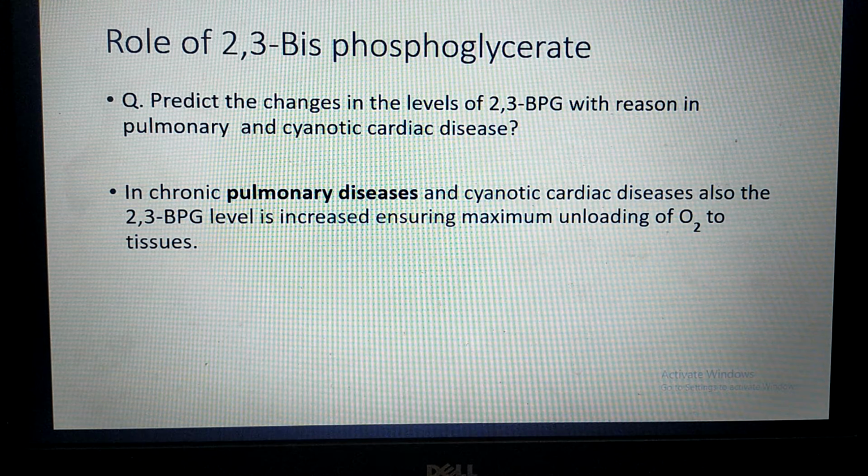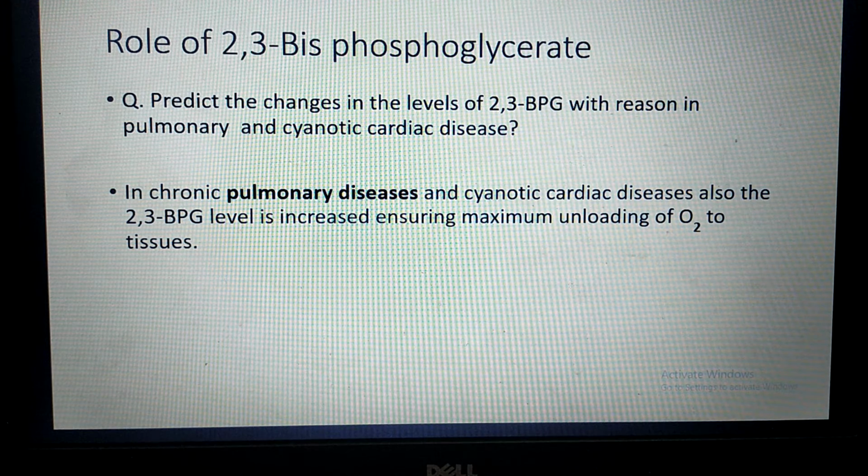Pulmonary diseases means where the alveoli are damaged and oxygenation of hemoglobin is hampered. Normally 97% of hemoglobin is saturated in the lungs, but in case of pulmonary diseases and cyanotic cardiac diseases, hemoglobin saturation decreases because diffusion through the alveolar membrane is hampered.